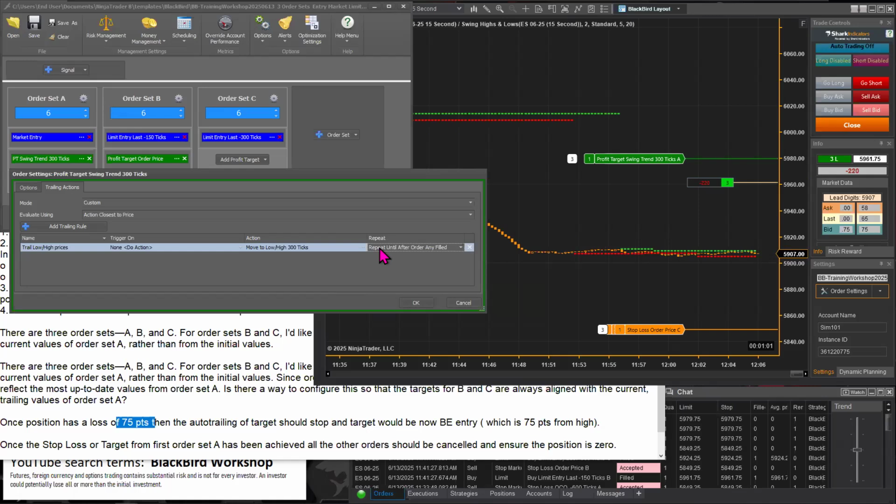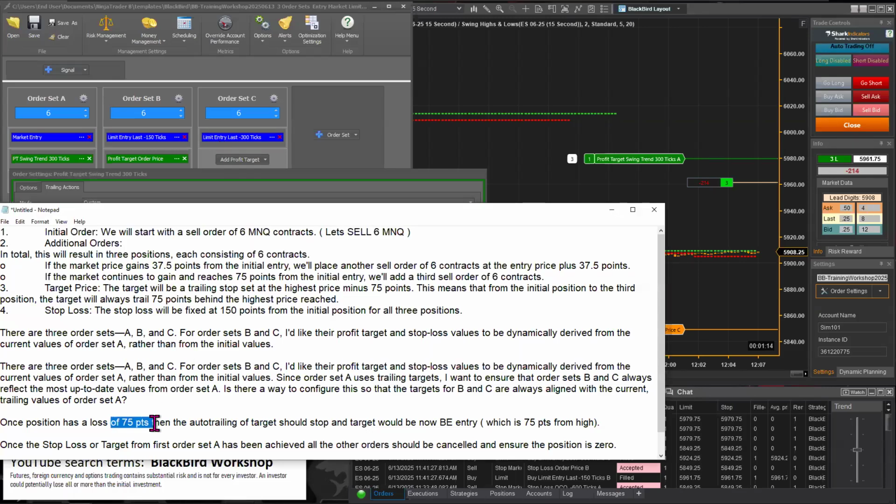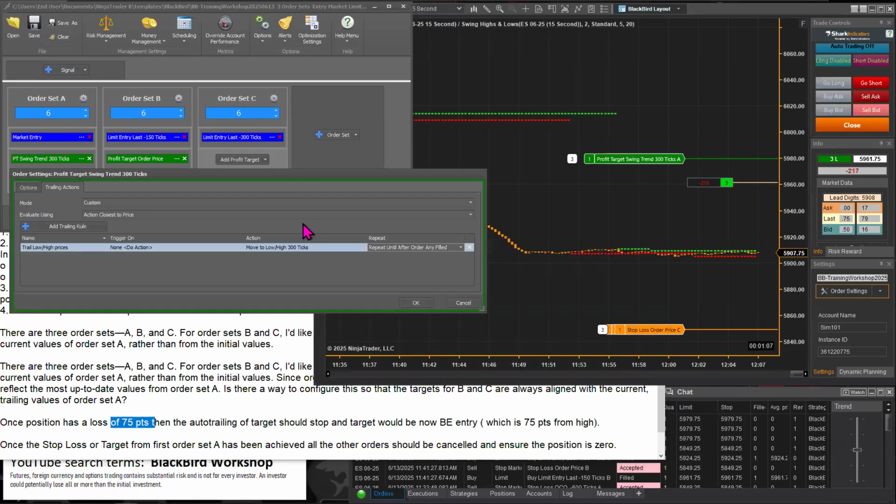So there we go. Our repeat is changed to repeat until our limit entry order for C is filled. All right, and this limit entry is sitting at this 75 points here. So make that change.